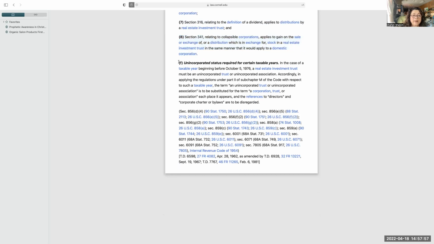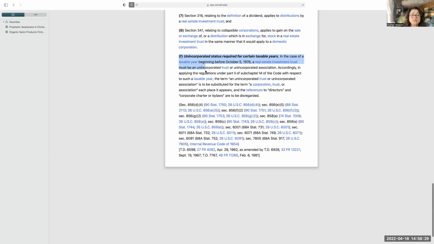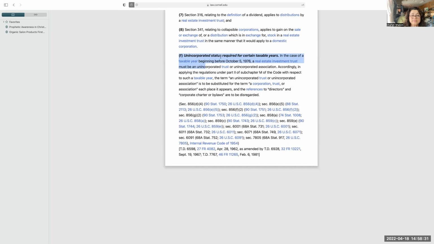F, unincorporated status required for certain taxable years. In the case of a taxable year beginning before October 5th, 1976, a real estate investment trust must be an unincorporated trust or unincorporated association. This is for unincorporated status.